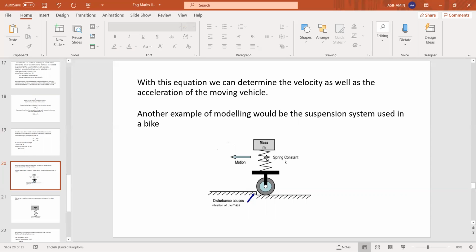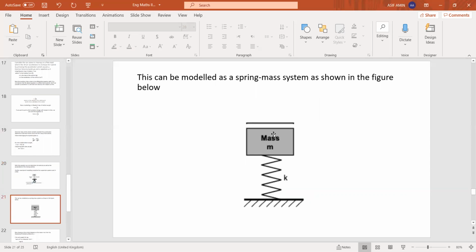So let's see in the next diagram, the mass and spring, we could consider it as a spring mass system where the downward force is going to be the weight, and the upward force is going to be the spring force, which is F equals kx, and the weight is W equals mg.